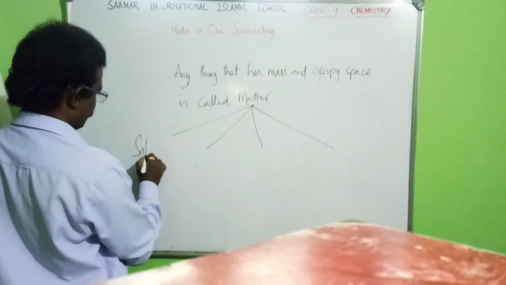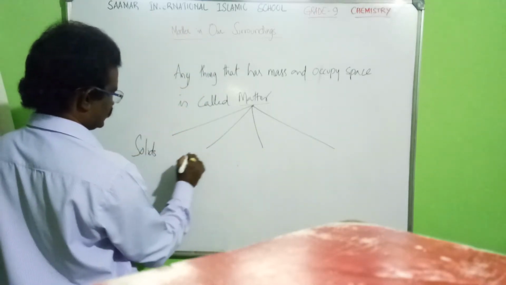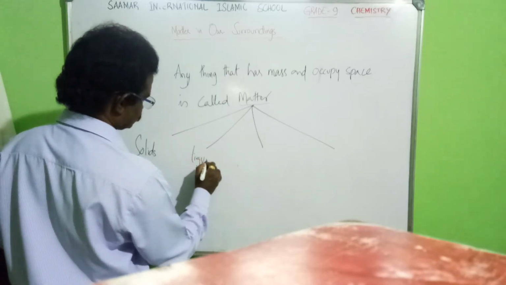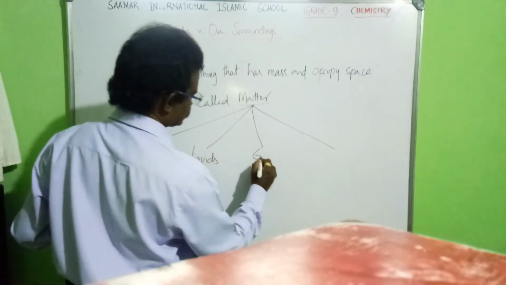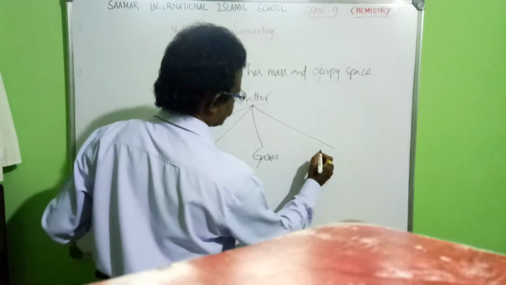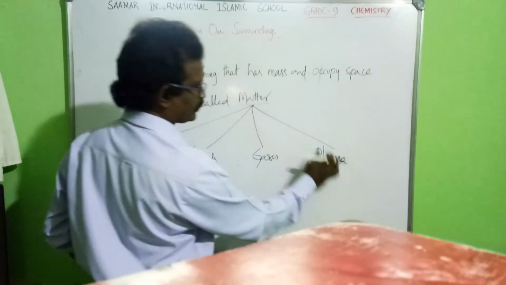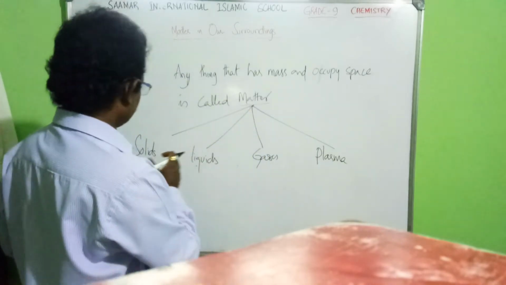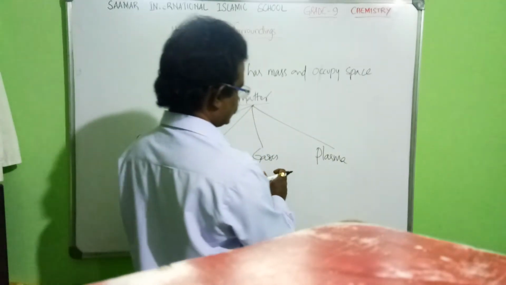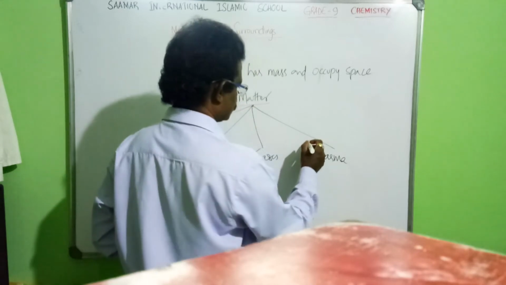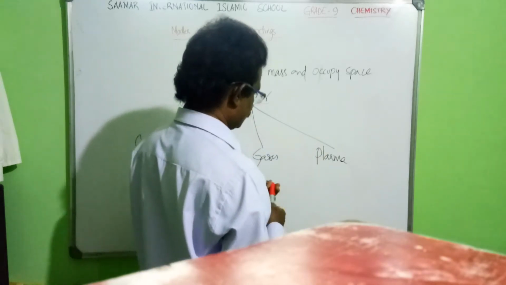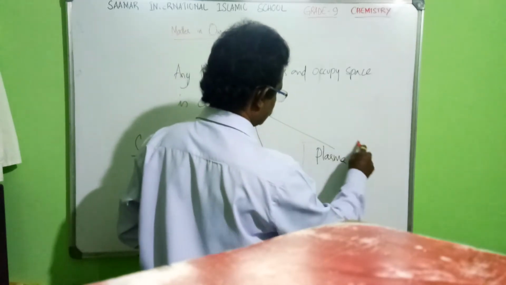Solid, liquid, gases and plasma. This is not there, but I'll tell you where it is. Okay, solids, liquid, gases and plasma. As I said, this is not there for us. Now let us know a little at least of that.